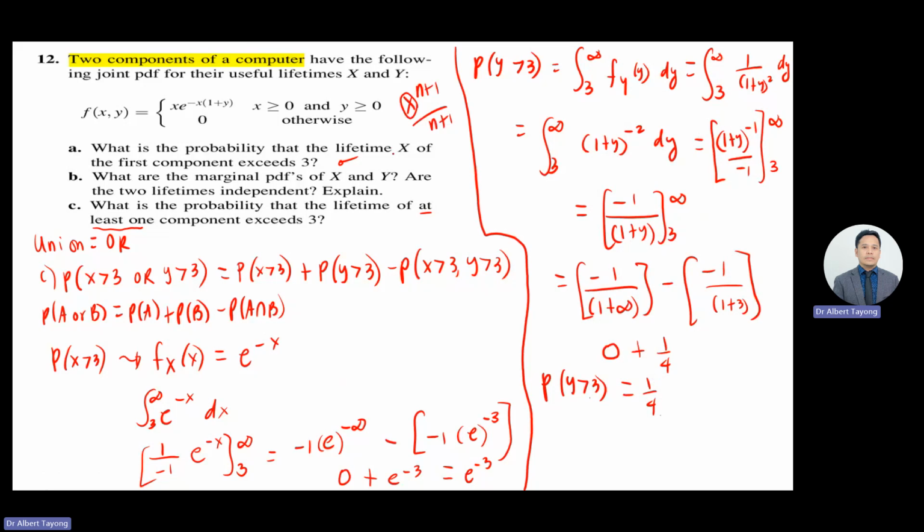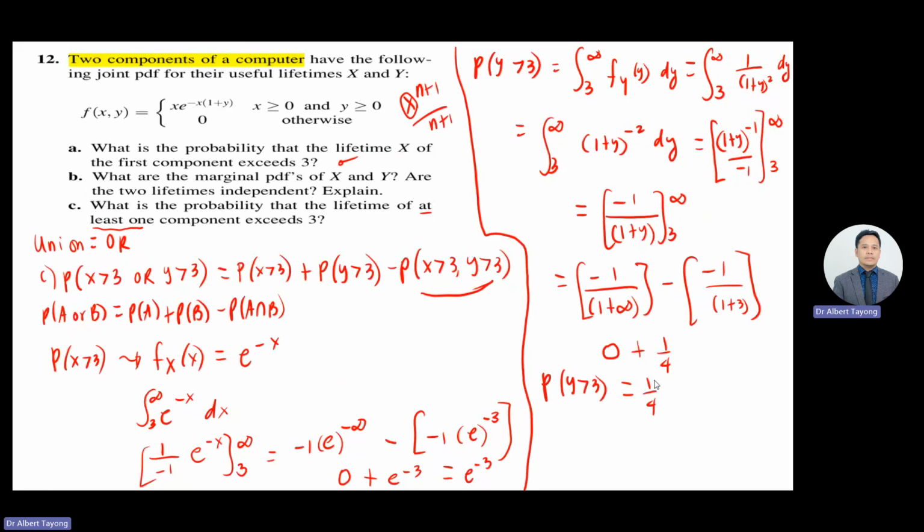The next one is to calculate the intersection between this. We have x greater than 3 and y greater than 3. So I will calculate that one on the next slide, so we can have a space. So here we're going to calculate P of x is greater than 3 and y is greater than 3. So how are we going to calculate this?